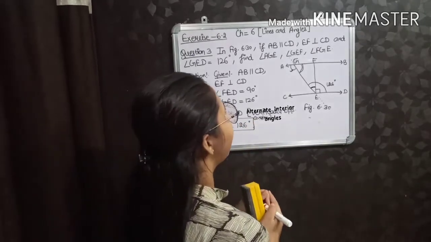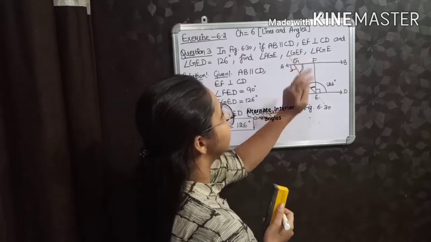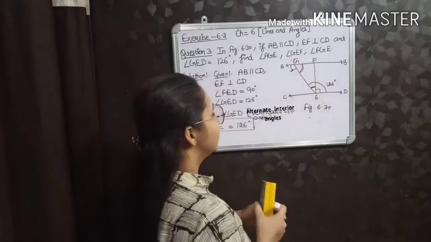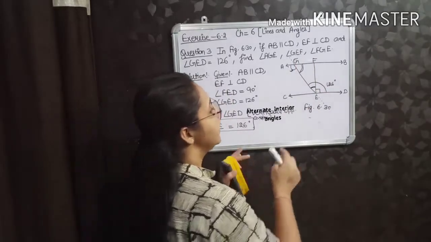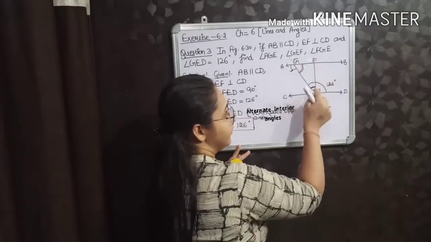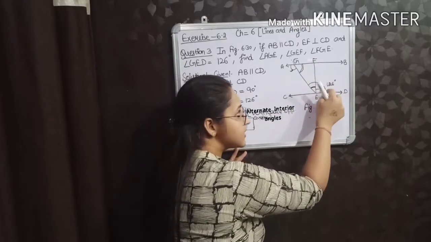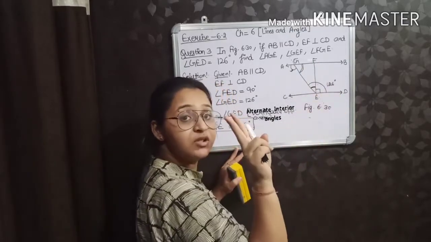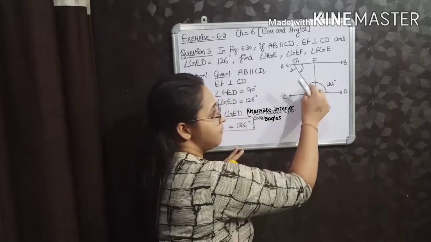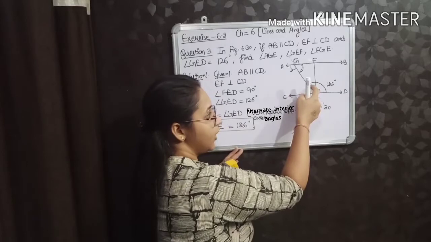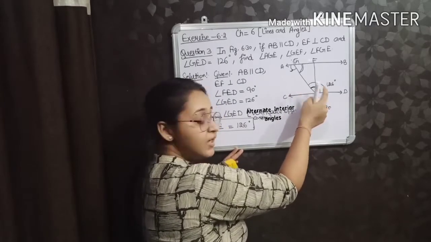Now, come to second angle. Second angle that we have to find is angle GEF. Where is angle GEF? GEF. Now see very carefully, GEF, this small angle and this complete 126 degree is made up of two angles. First is this smaller one and second is this 90 degree.